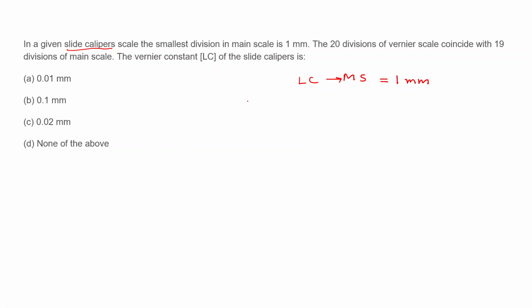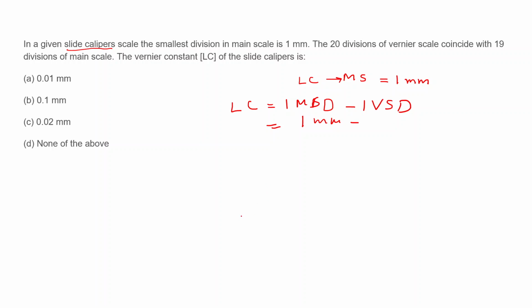So we have to calculate the least count or the vernier constant of slide caliper. We know the formula, that least count is 1 main scale division minus 1 vernier scale division. 1 main scale division is 1 millimeter, and 1 vernier scale division, how we'll get to know?